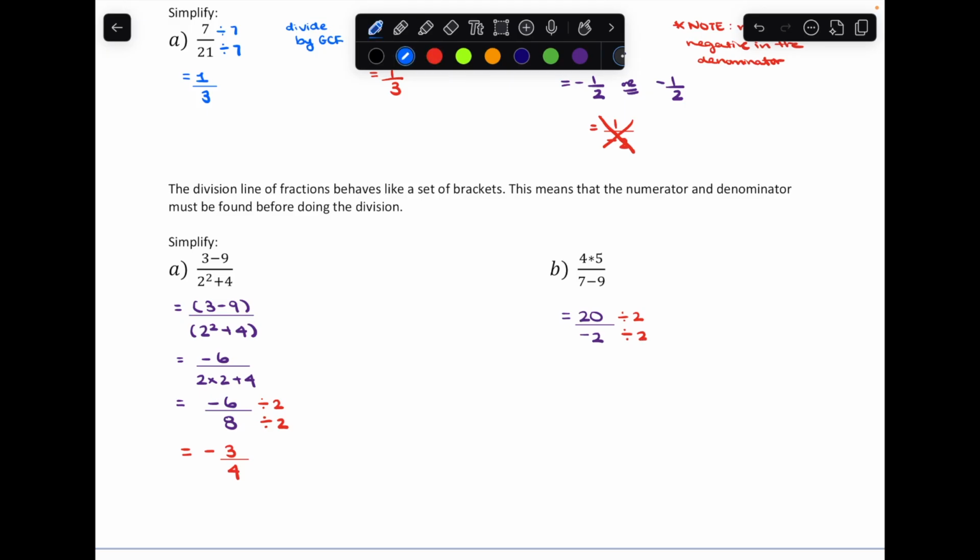Still have that negative there. 20 divided by 2 is 10. And 2 divided by 2 is 1. And here we don't write over 1. We simply write the number in the numerator, and so our answer here will just be negative 10.